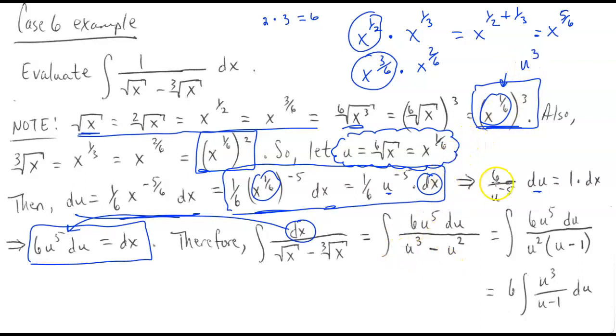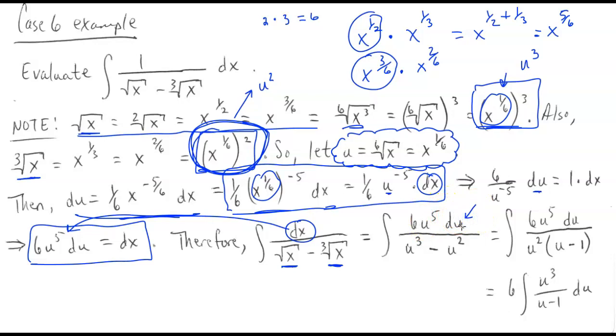Okay. Now I also see that my cube root of x, when I express it, it looks like this, and that x raised to the 1/6 is just u, so I could look at this as u squared. So I replace square root of x with u cubed, cube root of x with u squared. And of course I have the 6 times u raised to the 5 on top here.